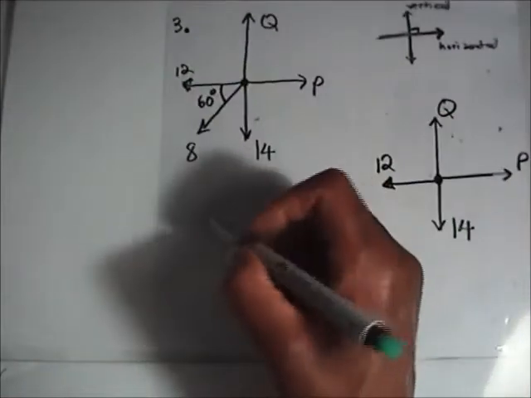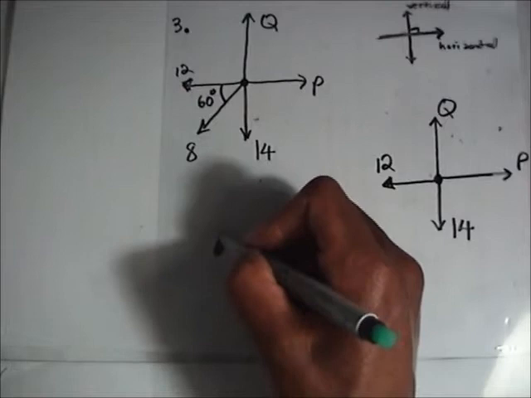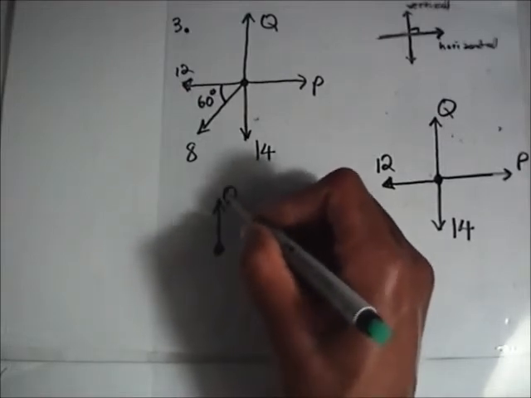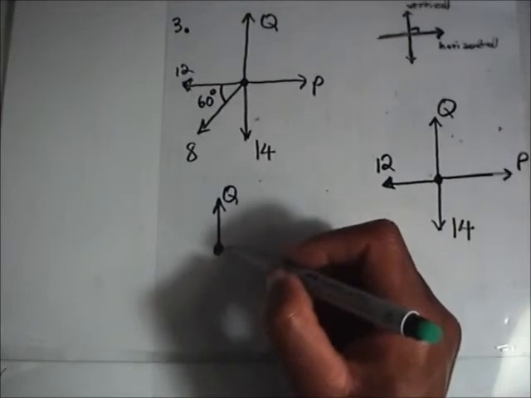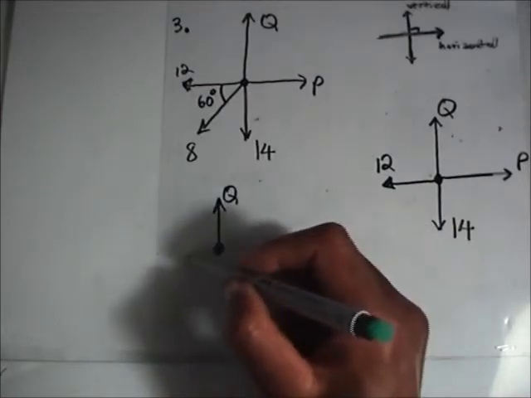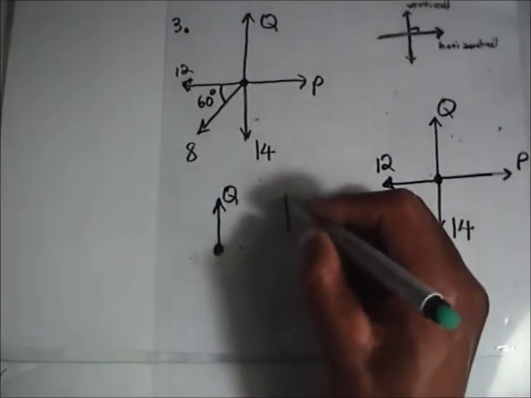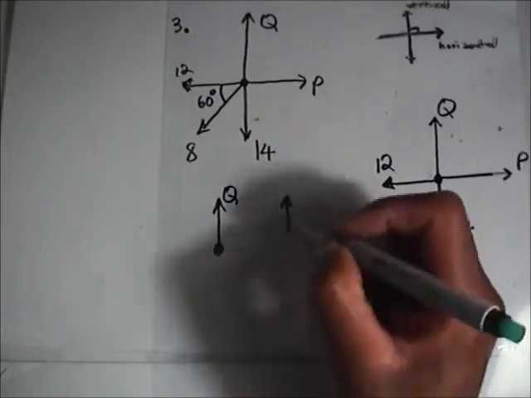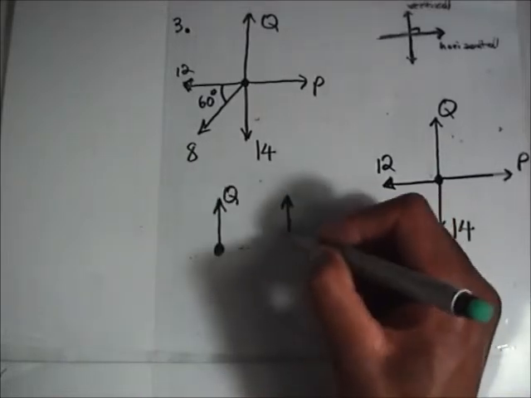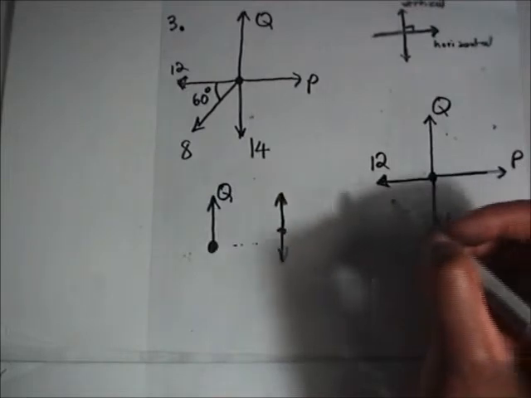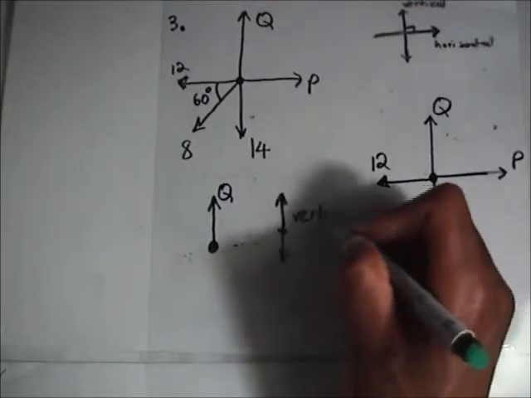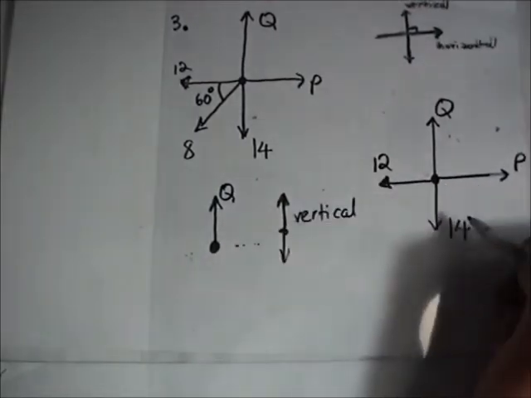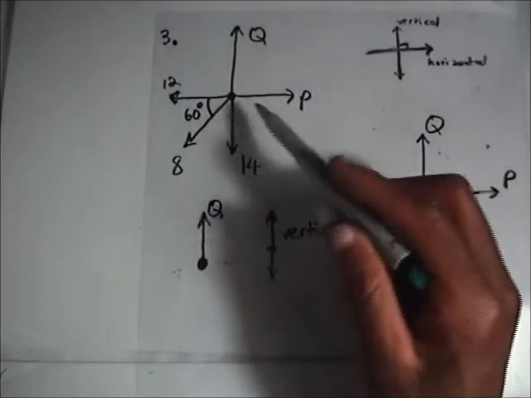Imagine you only had force Q vertically upwards. This object would not move anywhere in the horizontal direction. It would only move up. Or if Q was facing down, it would move down. So Q only has an effect in the vertical direction.